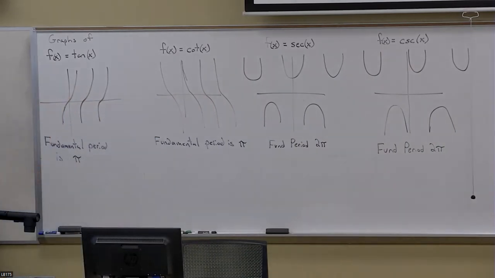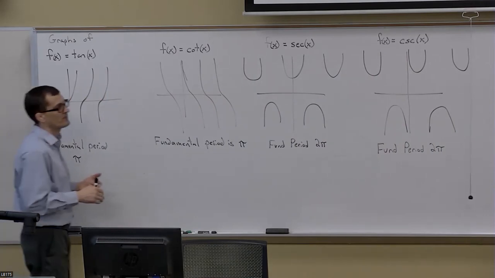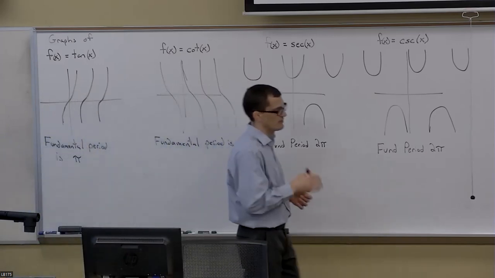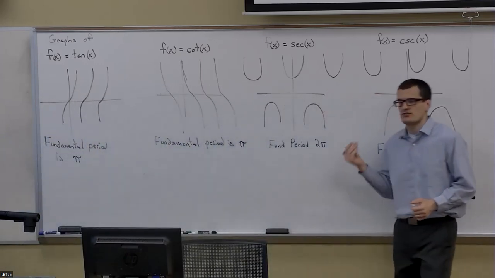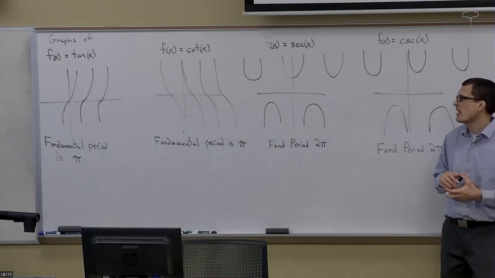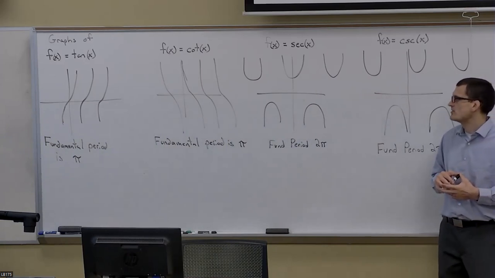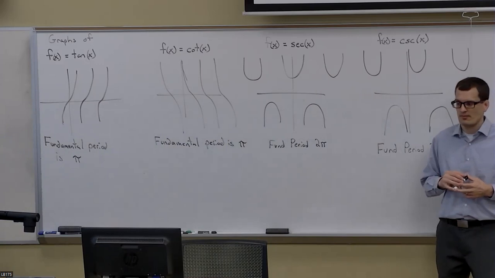So those are our base trig functions. Okay, our base trig functions, we have 6 of them. The sine, the cosine, we'd already written out. And then these 4, they're connected to sine and cosine in a lot of different ways.